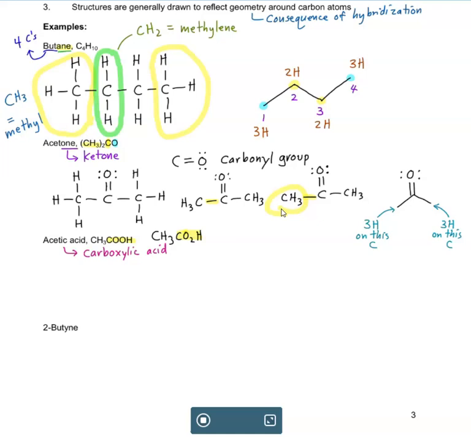Okay, so what this is showing us is that there's a methyl group attached to a carboxylic acid. We would call it a functional group. So this COOH would be the functional group. So COOH, in the context of a carboxylic acid, is this piece, and then we have a methyl group attached to that, like so.